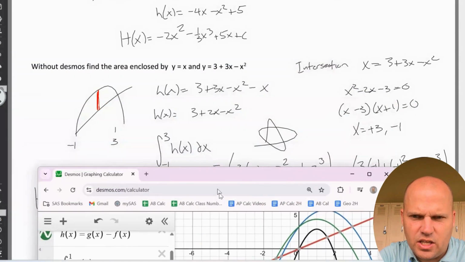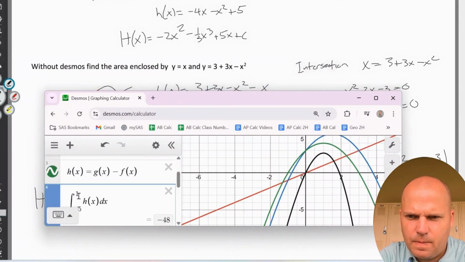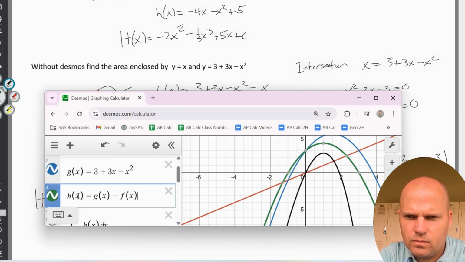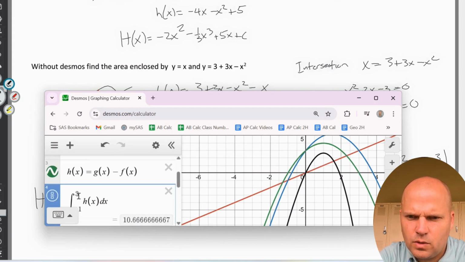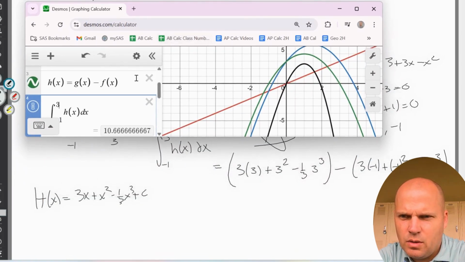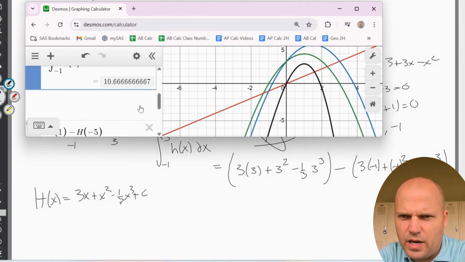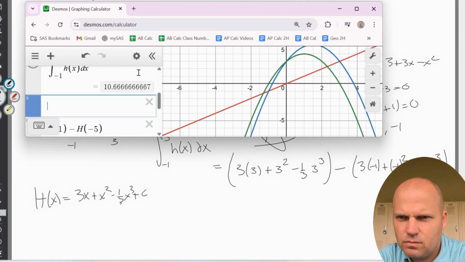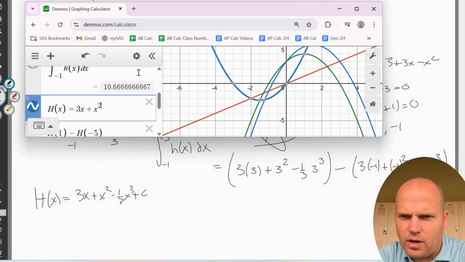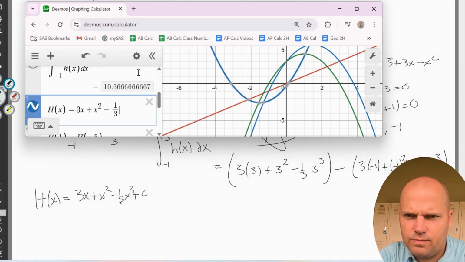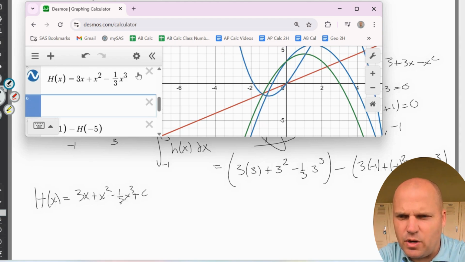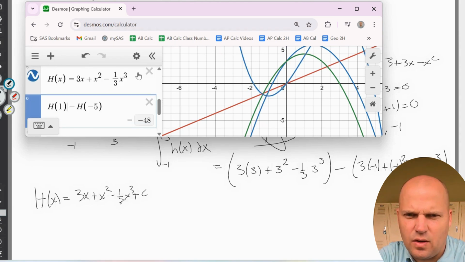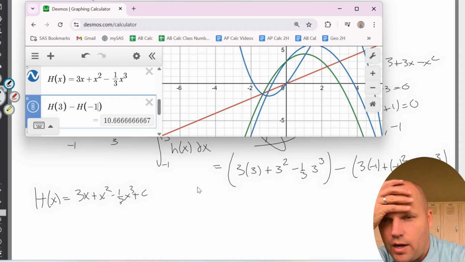Accumulate them from the intersection to the intersection, which is negative 1 to 3. 10 and 2/3 apparently will equal super h, 3x plus x squared minus 1/3 x cubed plus c, but we don't need it. And I have super h of 3 minus super h of negative 1, and I get 10 and 2/3. Hooray. Cool.